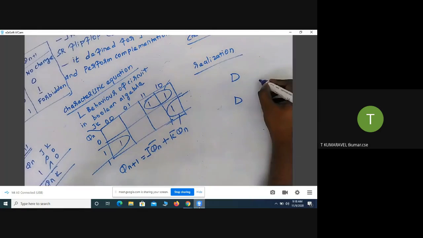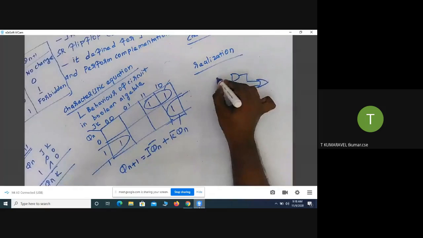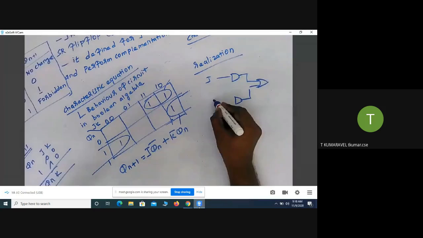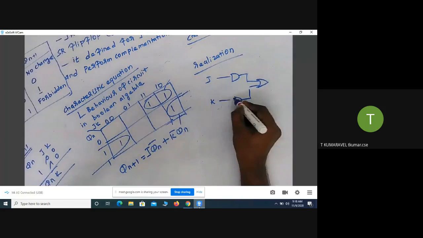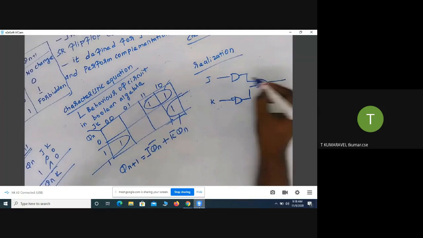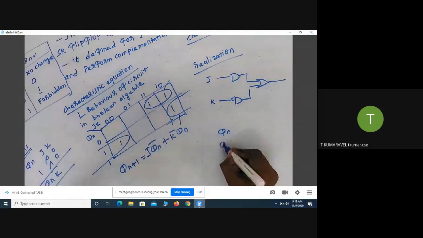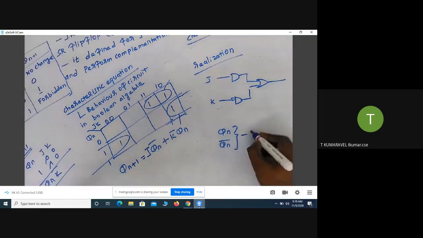One input is J, another is K bar. Here I'm going to add the bubble. Q and Q bar are the previous stage output.